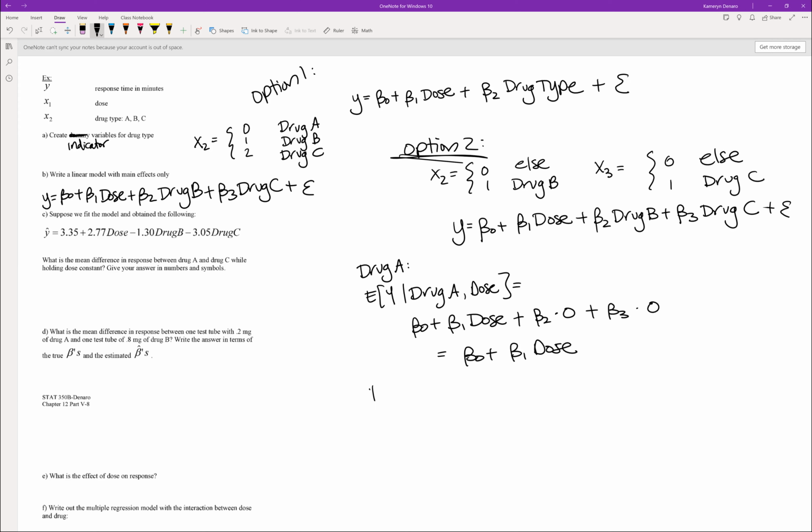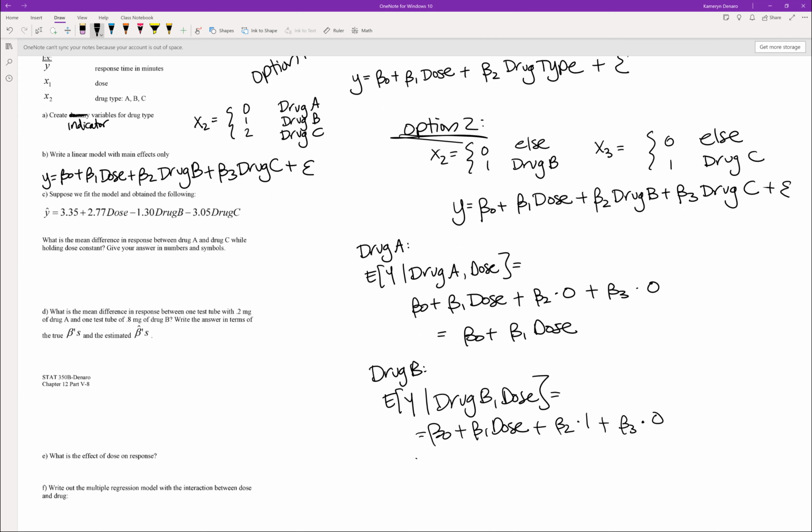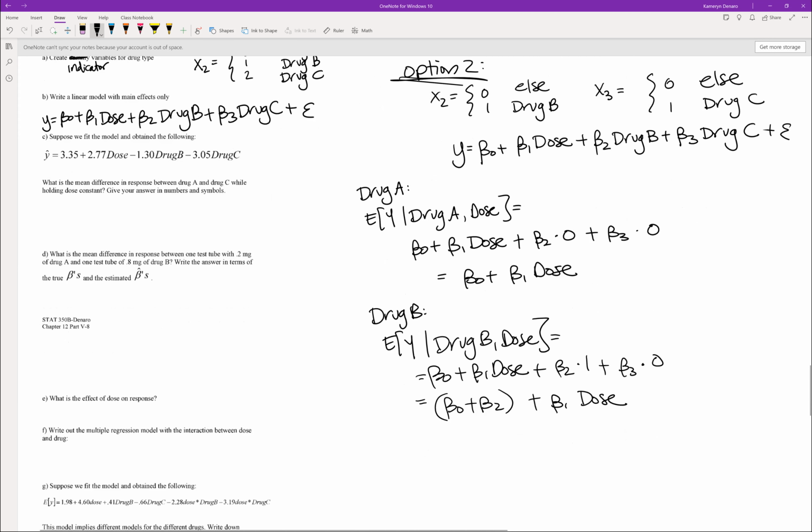Let's do this for drug B. The expected value for y given drug B at a particular dose is equal to beta 0 plus beta 1 dose plus beta 2 times 1 plus beta 3 times 0. So all in all, we get beta 0 plus beta 2 plus beta 1 times dose. Let's do the same thing for drug C.